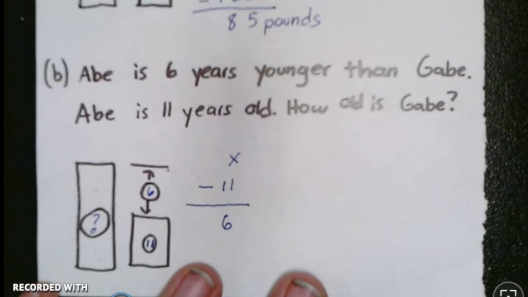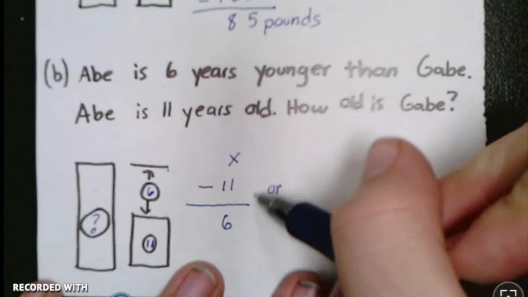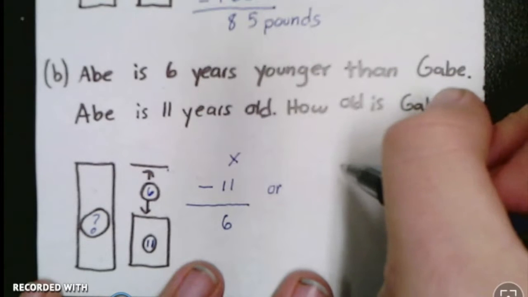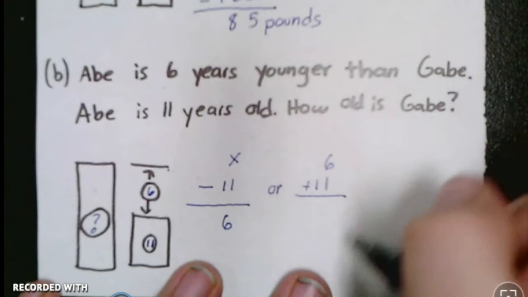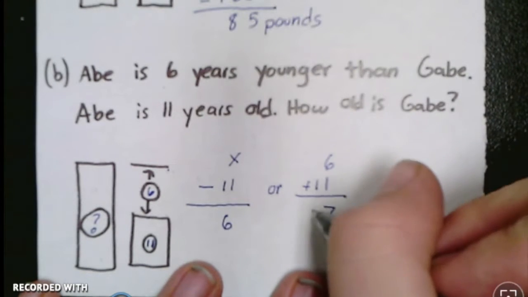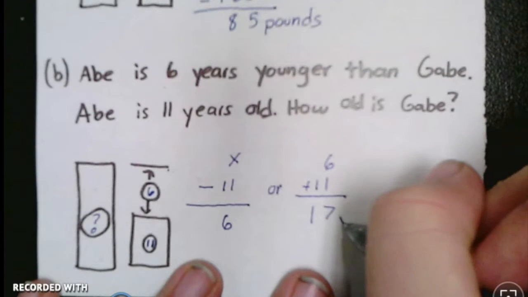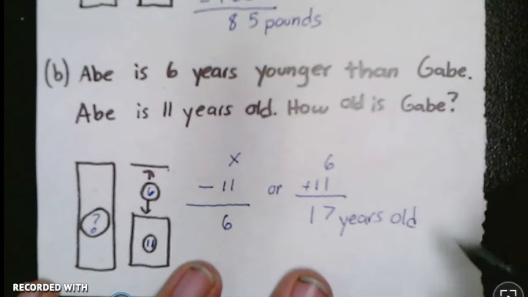So x minus 11 equals 6. So remember, if we read it as subtraction that way, we can read it as addition the other way. So 6 plus 11 equals x. And 6 plus 1 is 7, and 1. So we know that Gabe is 17 years old.